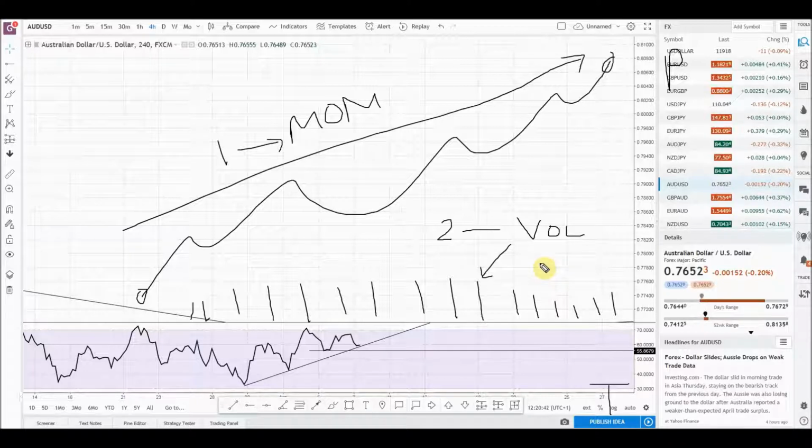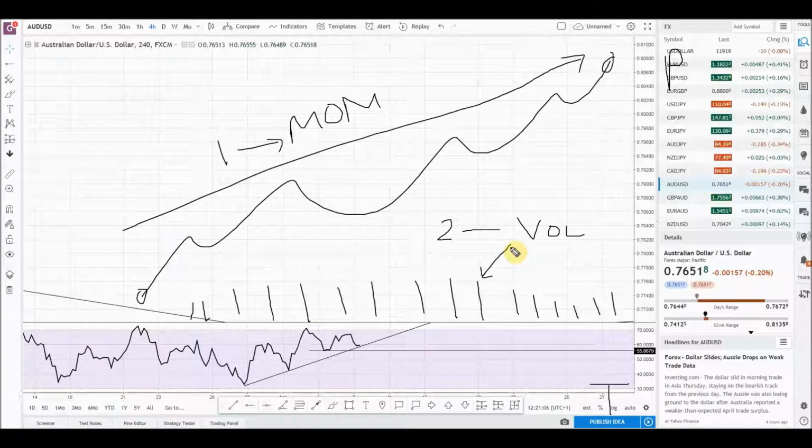Whereas if price continues to rise but the volume depreciates, that's showing you there are not enough buyers in the market, or there are fewer buyers than previously, so there's maybe less demand going forward. It may give you an early warning that there might be a potential top. So volume is an important indicator.